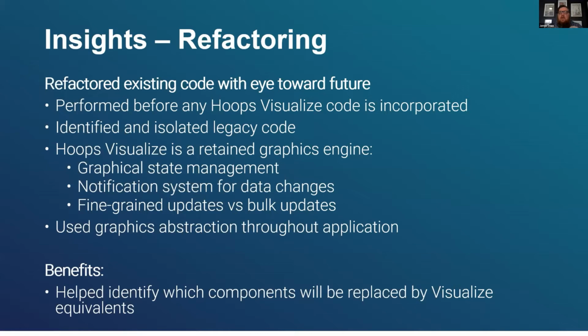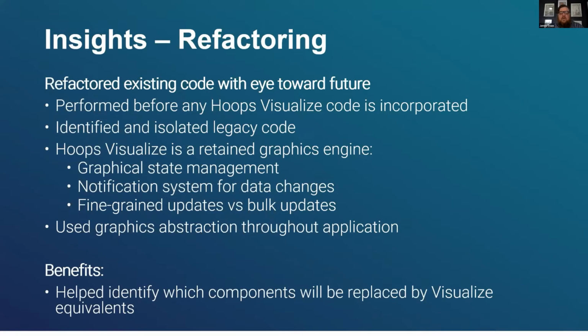By refactoring that, we can get a more granular sense of changes so that we can really take advantage of Hoops and how it's organized and how it operates, along with the notification system, so that we're not just changing data unnecessarily. By controlling that, we can get the performance that we needed.